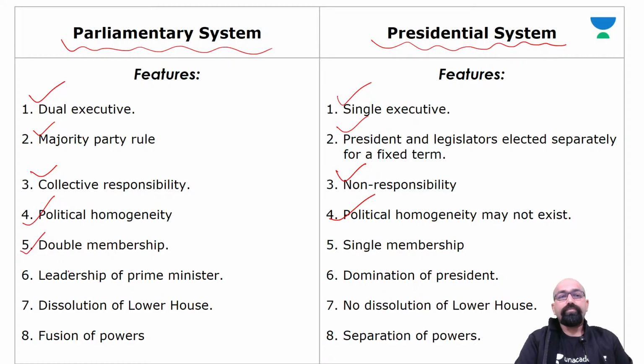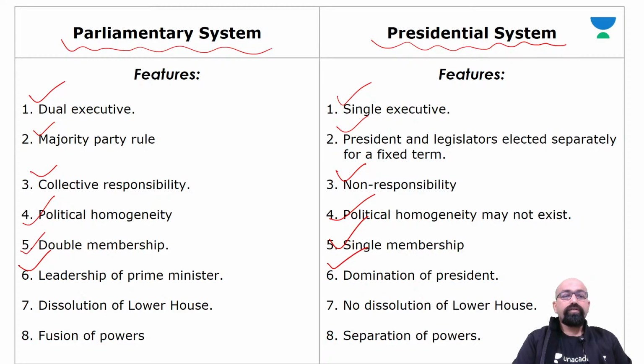Double membership is the feature of parliamentary system, whereas single membership is the feature of presidential system. Leadership of prime minister is the feature in parliamentary system, whereas domination of president is the feature of presidential system.